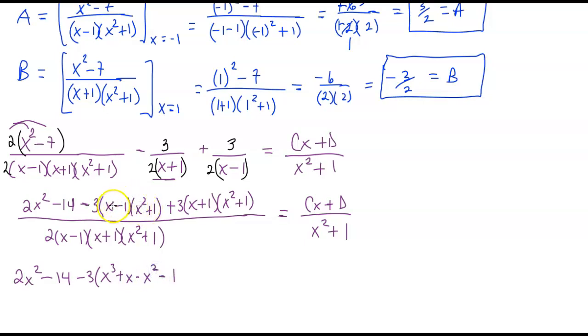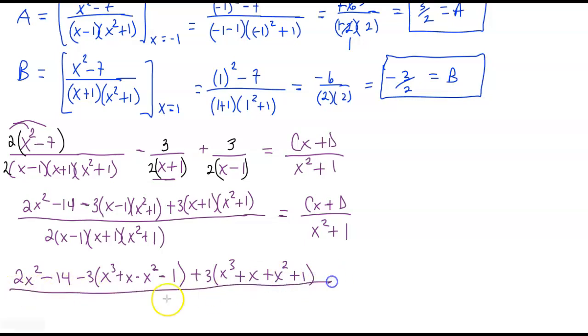And that's just me FOILing the x plus 1 and the x squared plus 1. And then we'll do the same thing here. We'll have x cubed plus x squared plus 1. Of course, all that will be divided by our denominator here, which is not changing.